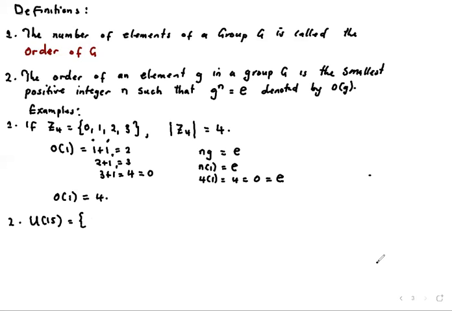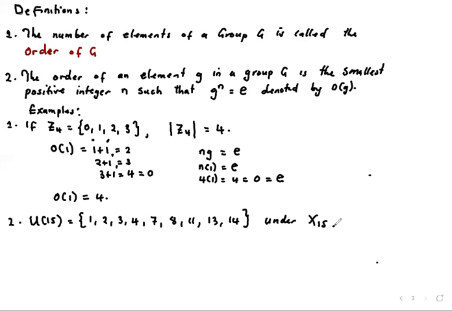The example is 1, 2, 4, 7, 8, 11, 13, 14, and the multiplication is up to 15. Meaning that when you get 15, that's the identity. That's the meaning of the U15 there.